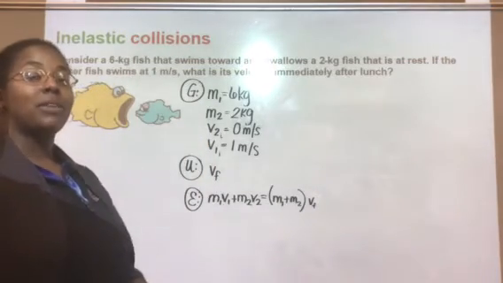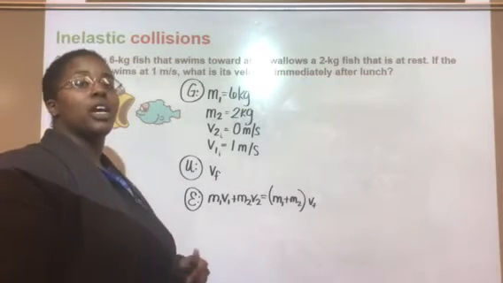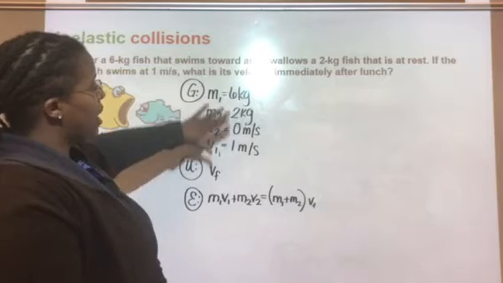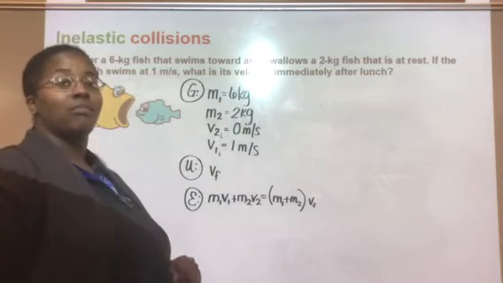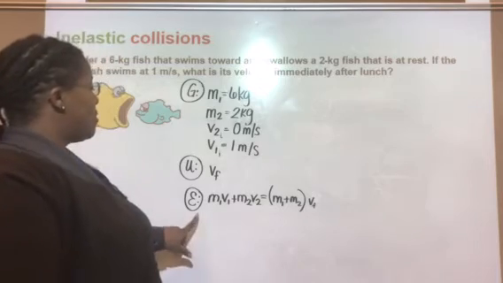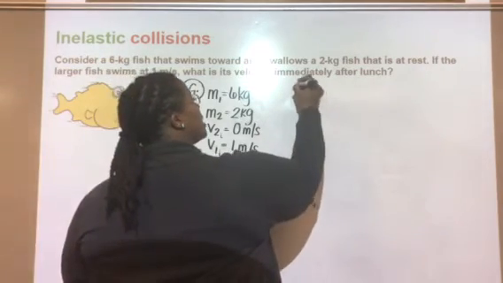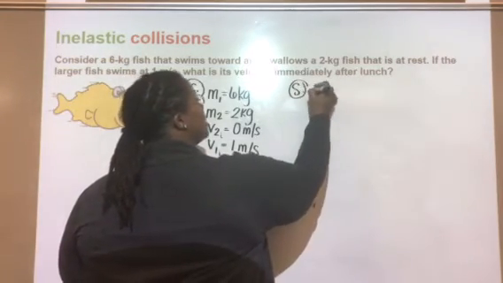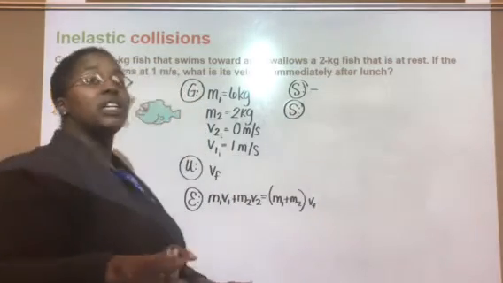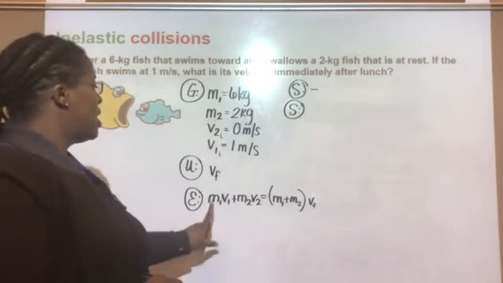Now, our next step is substitution. We're going to double check that all of our units are in standard units. We have kilograms and meters per second. Are we good? I'll say we are. From here, since there's nothing for us to convert, let's move over to our solve step. We're going to fill this in little by little.